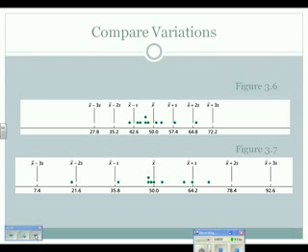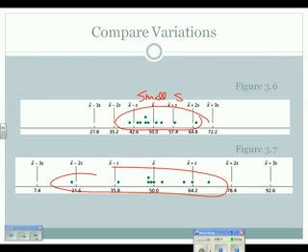Okay, so like I talked about before, when we have a small standard deviation, then our data is going to be clumped together. When we have a large standard deviation, our data is going to be more spread out.